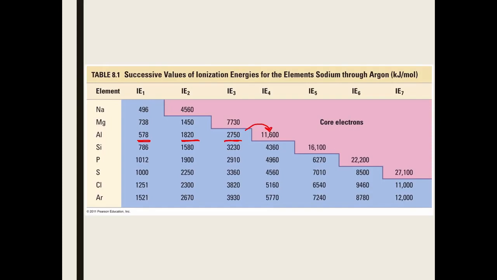So if I show you some data like this and ask you to figure out how many valence electrons something has, you're looking for a huge jump in value, over like 10,000. If it jumps over 10,000 kilojoules per mole to pull off one of these electrons, then that's probably signaling to you that this is a core electron, whereas this was a valence electron.